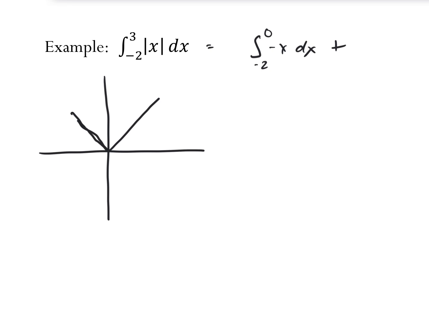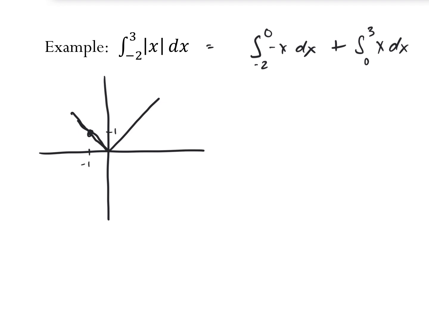Like here, if x is negative 1, y is equal to positive 1. So for the negative values in that interval, the absolute value of x is actually equal to the opposite of x. The absolute value of negative 2 is 2. And then from 0 to 3 of x dx.